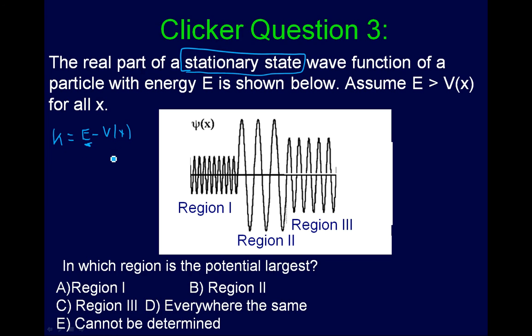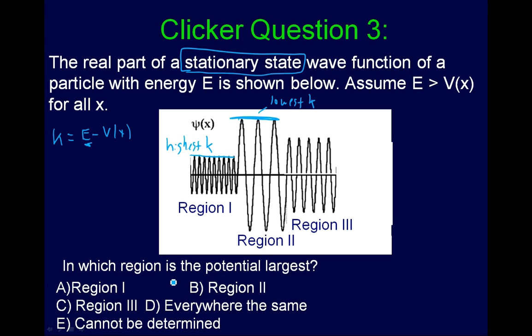When the particle is going the slowest, it's most likely to be found there. If you look at the amplitude, this here is the highest amplitude, so this is going to be the lowest kinetic energy. Over here, in region 1, is where it's least likely to be, so that's the highest kinetic energy.